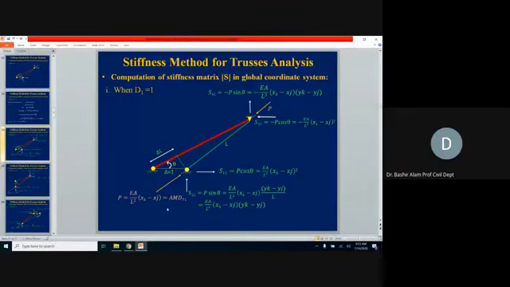About the stiffness coefficient elements, it was EA over L square, so this becomes EA over L cube now. And the coordinates involved: if the action and displacement given are both in the horizontal direction, it will involve only horizontal components.